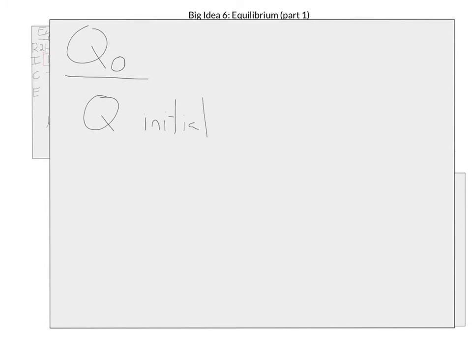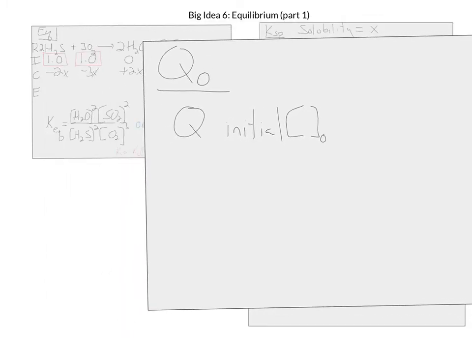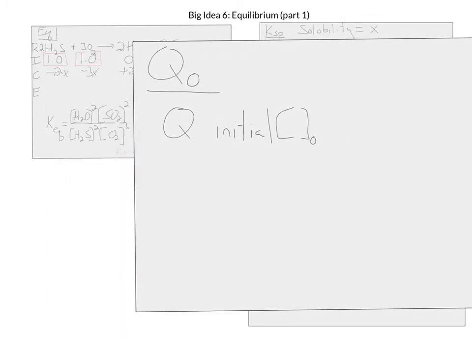Those are our initial molarities, so the math is the exact same thing. If we were to compare this to our ice chart from the very first example, my Q calculation would say Q is going to be equal to the initial H2O times the initial SO2, and both of those are squared.